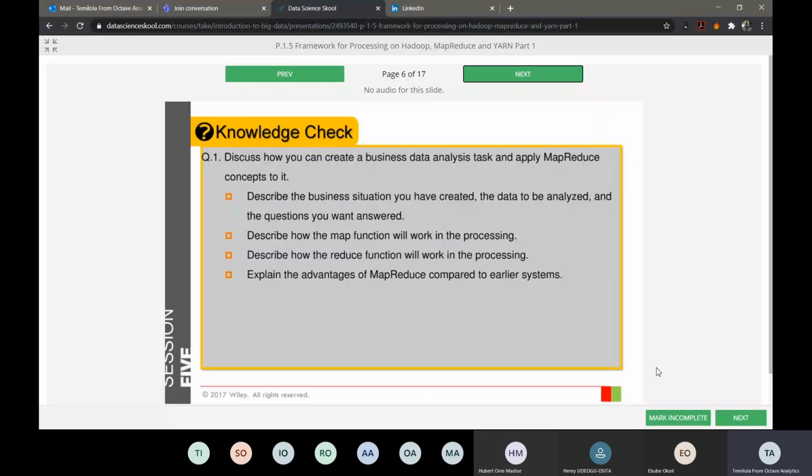So now the second question says, in that type of real life scenario, how would the map function work in processing? So the map function in this real life scenario, definitely we pass our data into the MapReduce compute engine. The map function, just like you said, can create 36 processors that are sharing one memory.